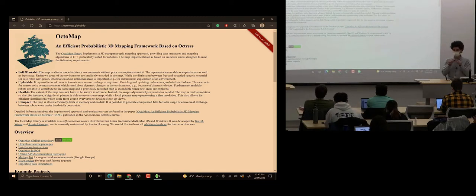Instead of grid cells, now we talk about volume elements that we call voxels. These are cubes. Instead of grids, we now have cubes. We call them voxels. These volume elements, or voxels, are a way to reconstruct a 3D scene in a discretized way.